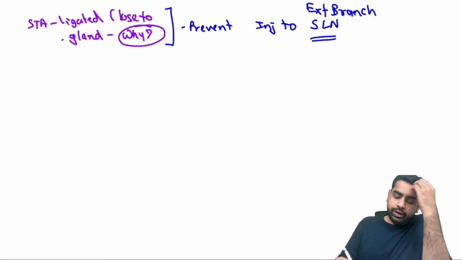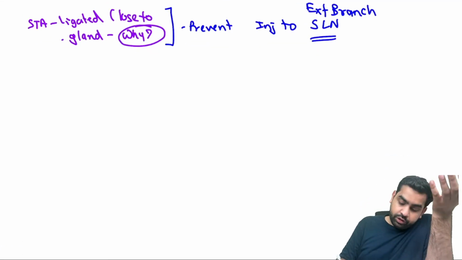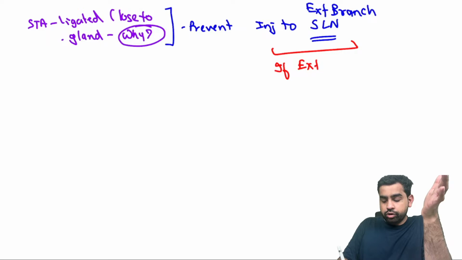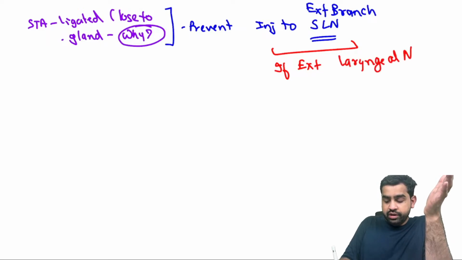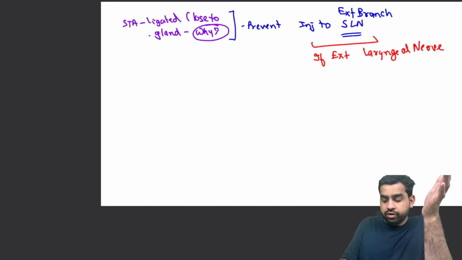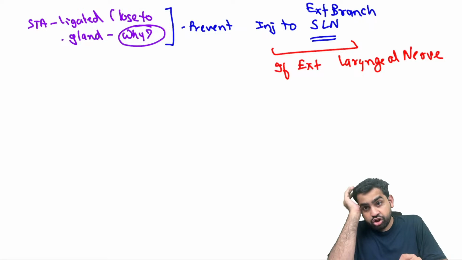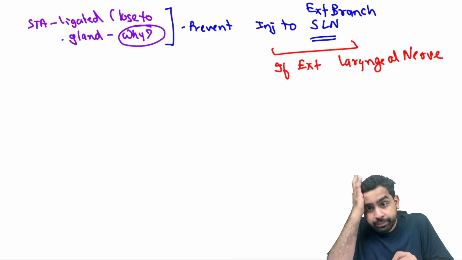Understood? Now, if the external branch of the superior laryngeal nerve, also called the external laryngeal nerve, is injured, what is going to happen in this patient?